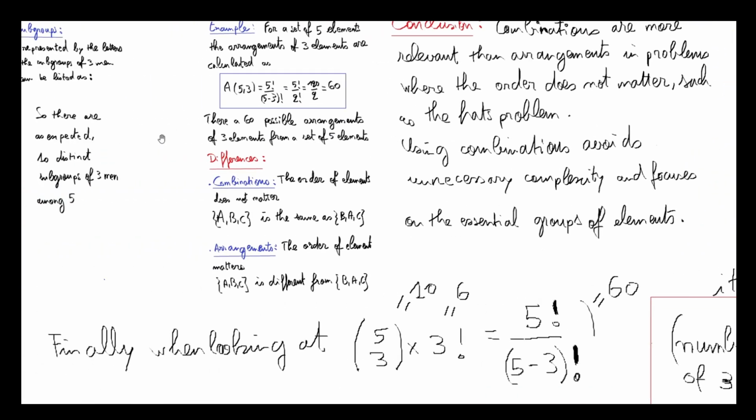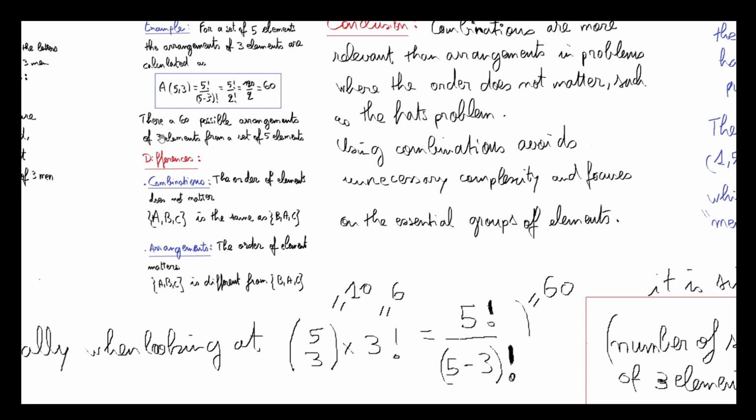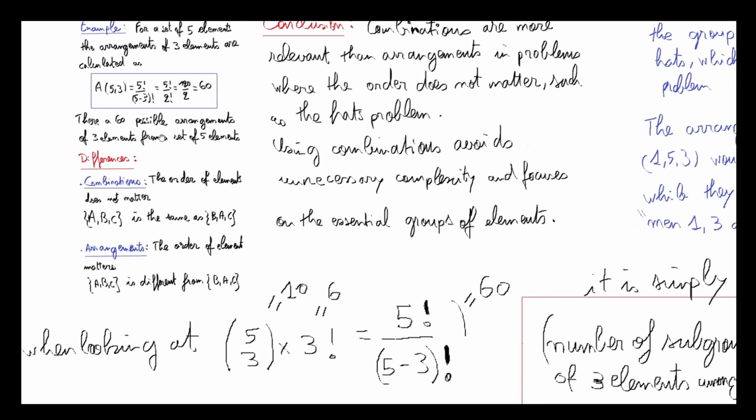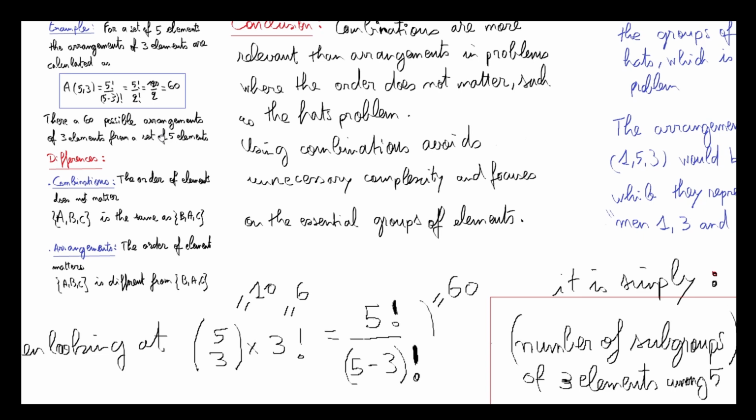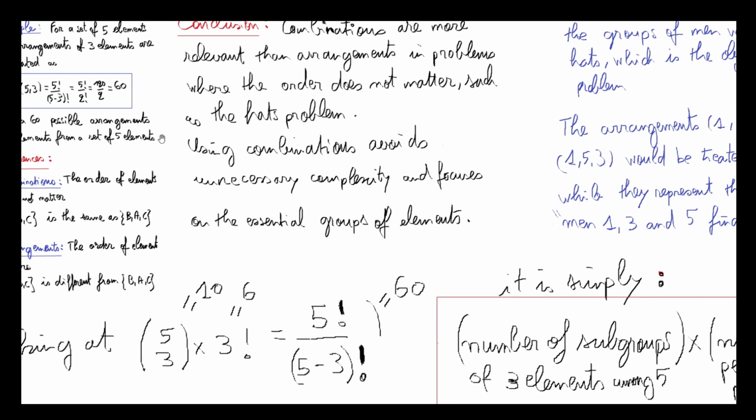When looking at 3 choose 5, which equals 10, times factorial of 3, which is equal to 6, it gives us the result 60, which is also the factorial of 5 over the factorial of 5 minus 3.